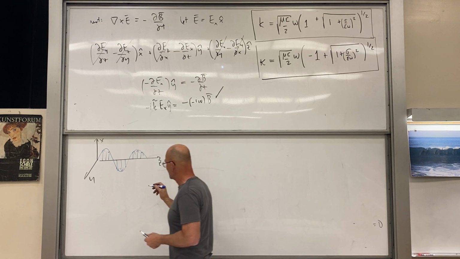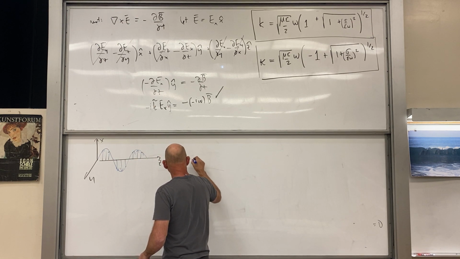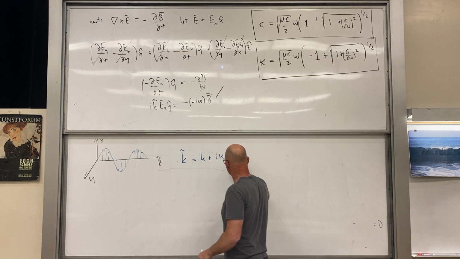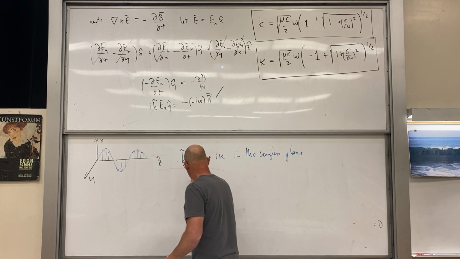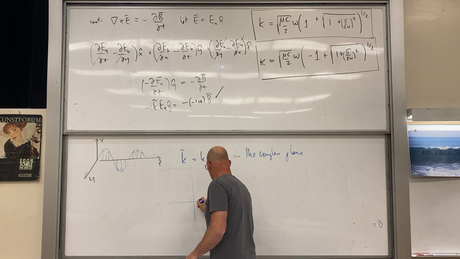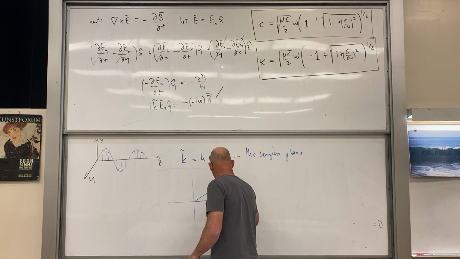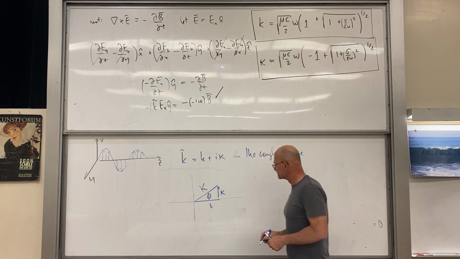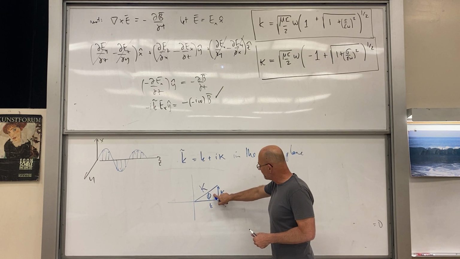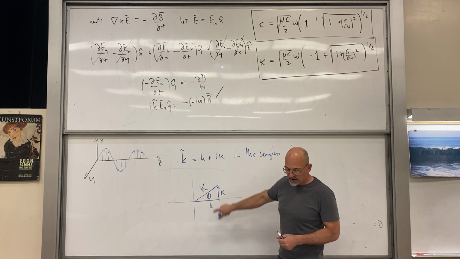So we can look at this k tilde. So k tilde equals k plus i kappa in the complex plane, and then we can imagine we've got k, an angle, and kappa, so k plus i kappa, that's that point here, we'll call this capital K. And this is going to be the phase shift between if we had just had a real k as opposed to this complex one.